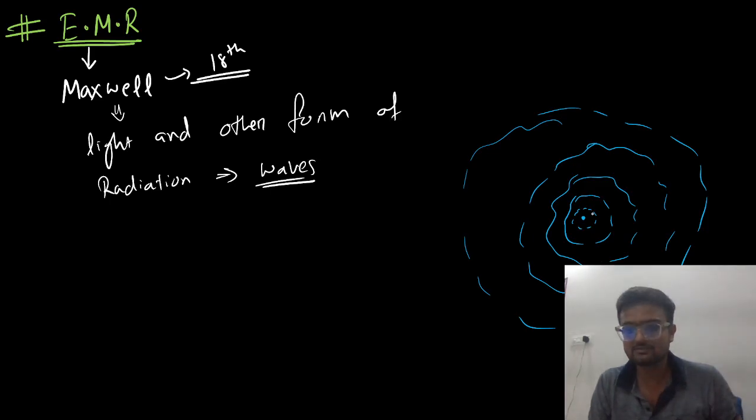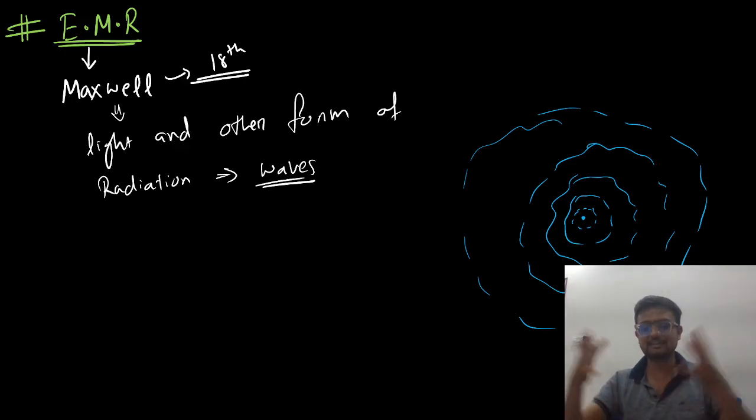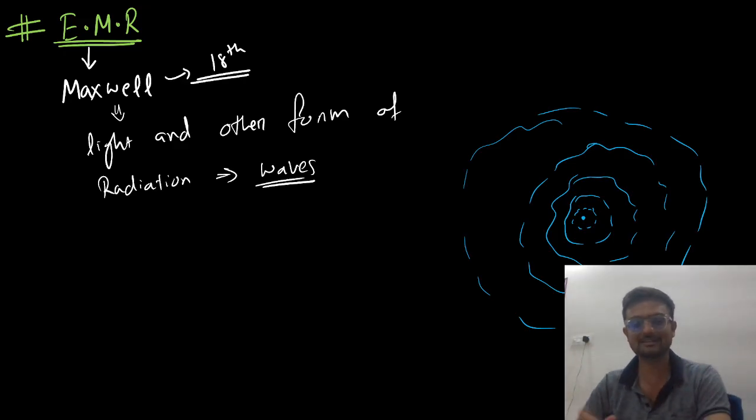So this first wave will form the second. Within that, one more new wave will originate. Then one more, then one more. Like this, so many waves will keep on coming out together, right?